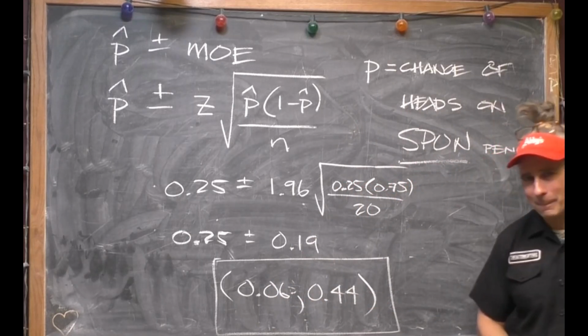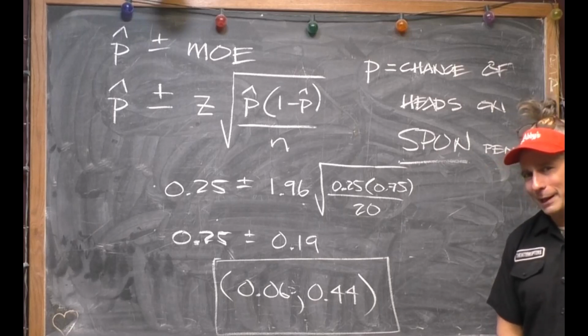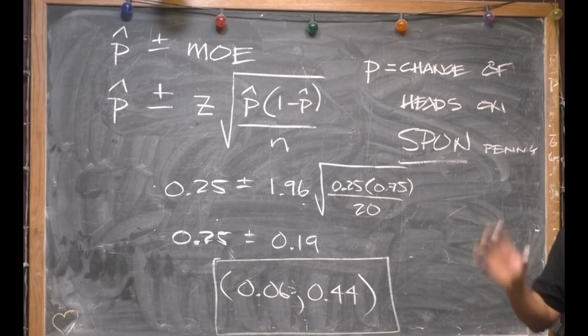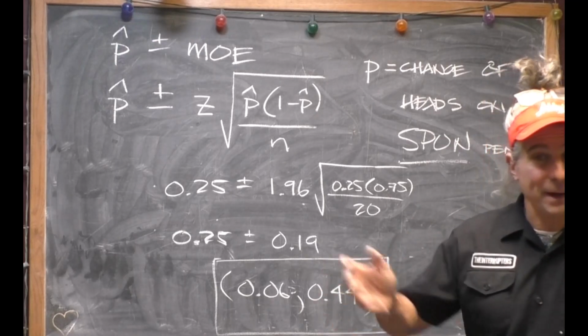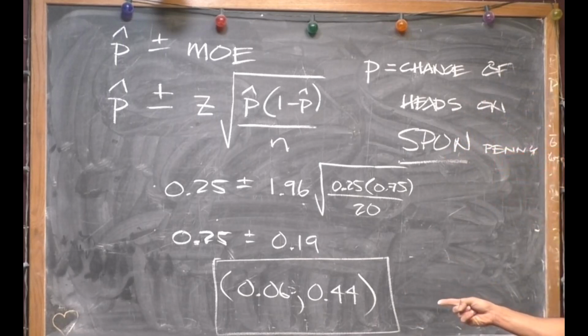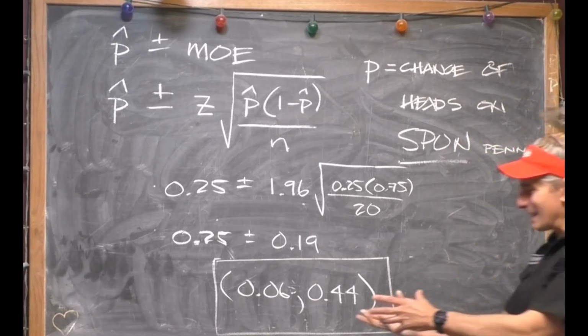Let's think about that. That's kind of cool, actually. That's way lower than it should be, if we're comparing it to flipping a coin. Flipping would be 50%. This is significantly below 50%, right? Because 50% is not in the interval.